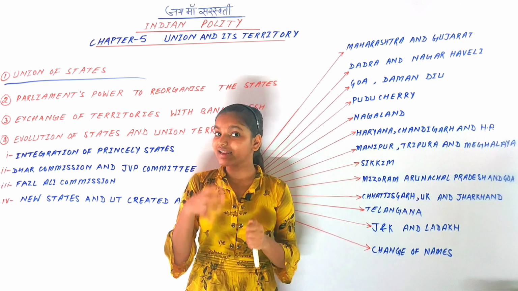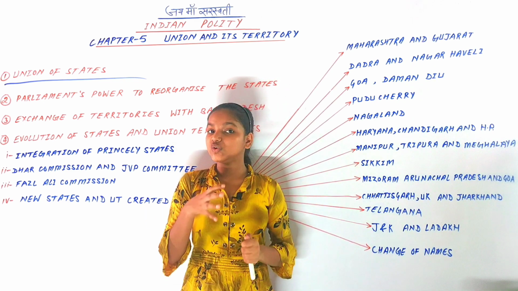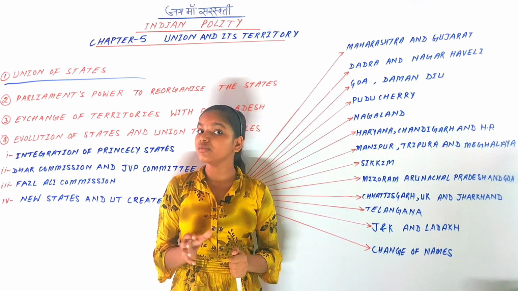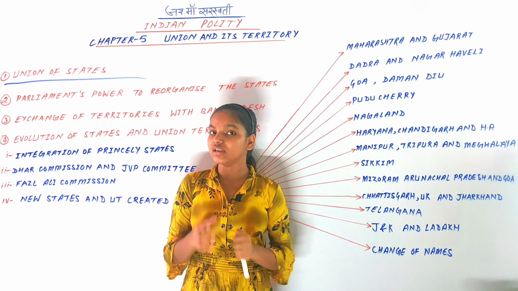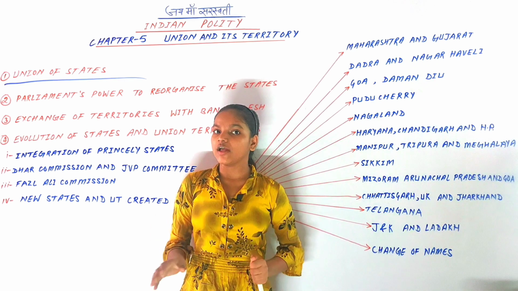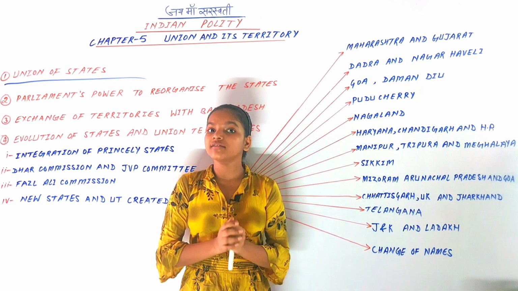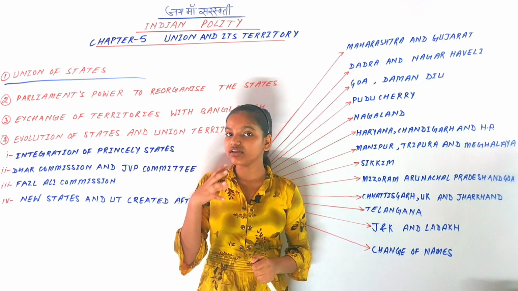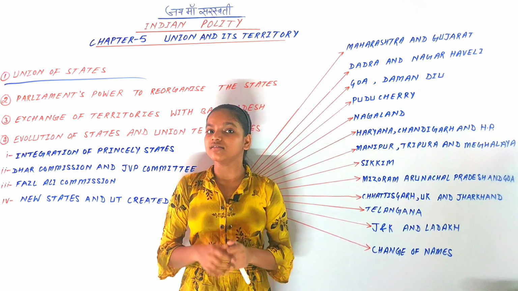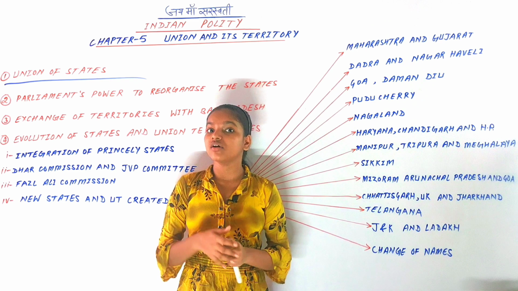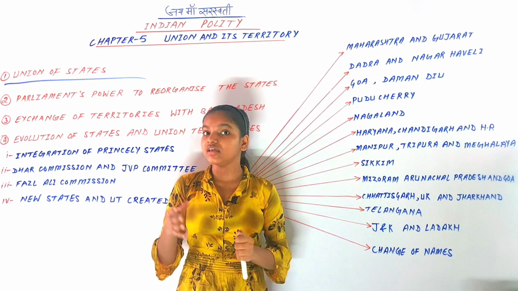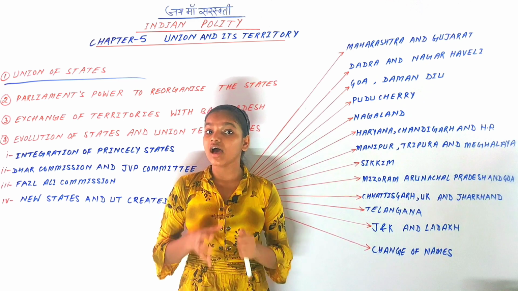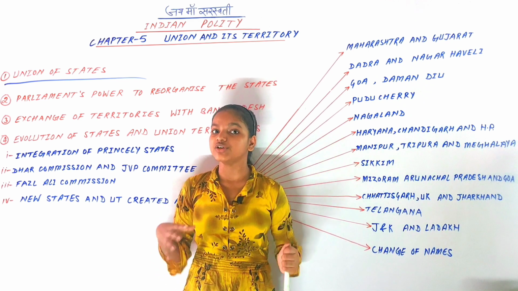First, the states of India. Second, the union territories of India. And third, the territories that may be acquired by the government of India at any time. India has the right to take any foreign territory on the basis of cession, occupation, treaty, gifts, or anything else. So that is Article 1 of our Constitution.